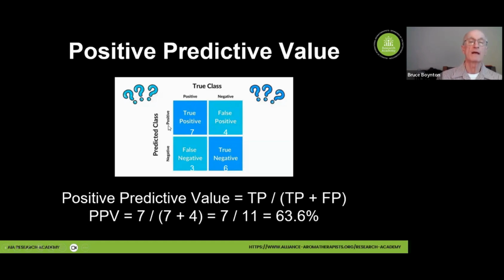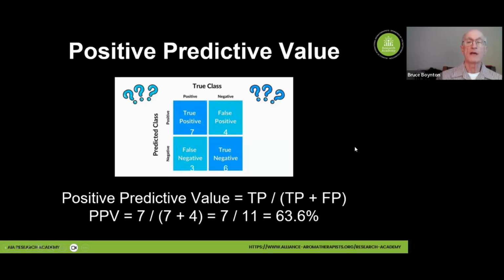So everything in this row, our test said was positive. Some of them were really positive, were true positives, and some of them we made a mistake. So just working in this row for positive predictive value, we'll have 7 over 7 plus 4, everything in this row, is 7 over 11, which is 63.6%.